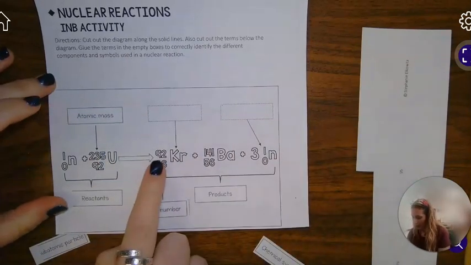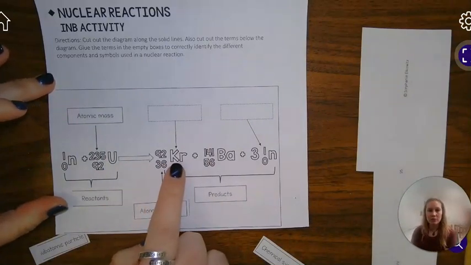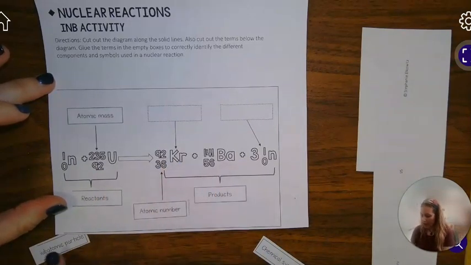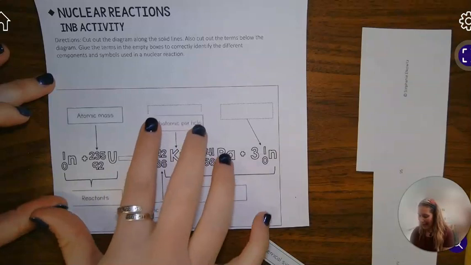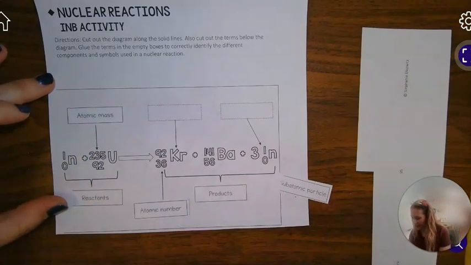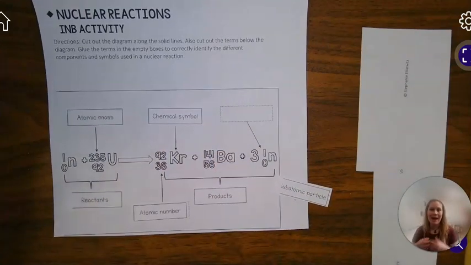So we've got our atomic mass, we have our atomic number, and then the actual letter here, uranium, krypton, these are all referring to the actual, sorry, that's the wrong one, your chemical symbol. So the actual atom that we're referring to here.